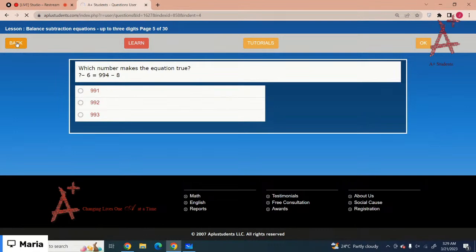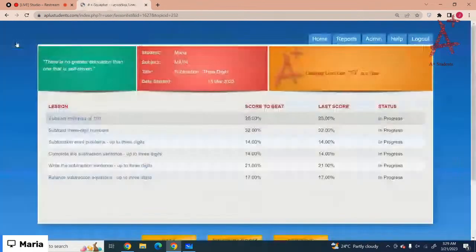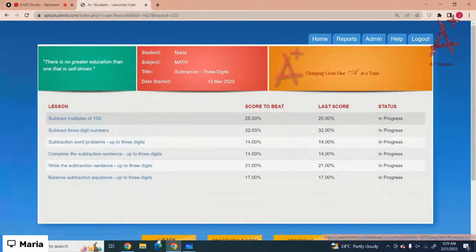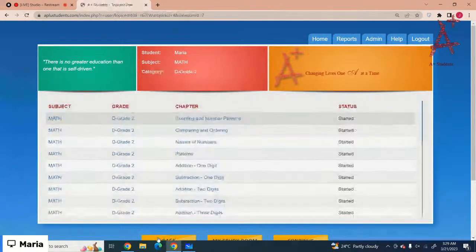We're going to start the new chapter, that is place values. Here is the next chapter.